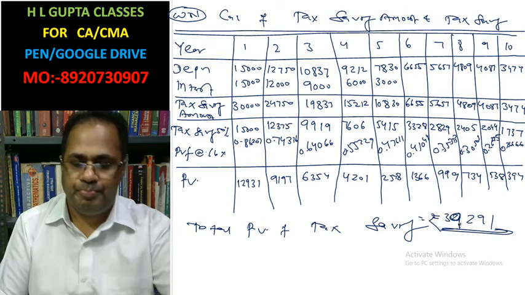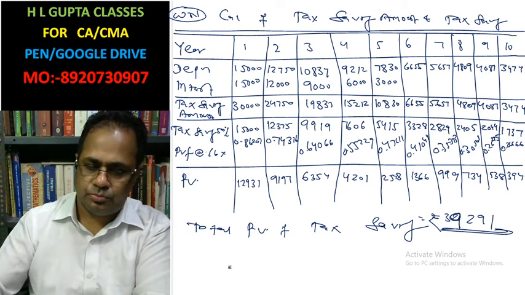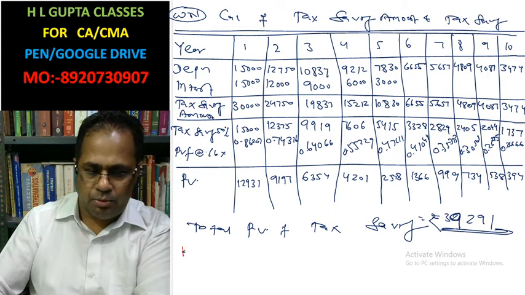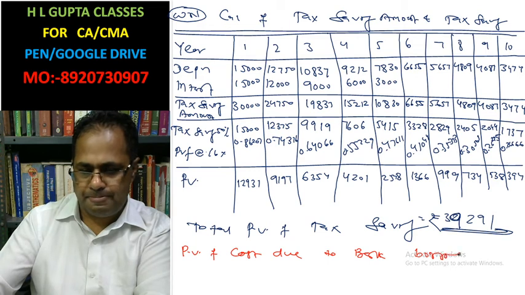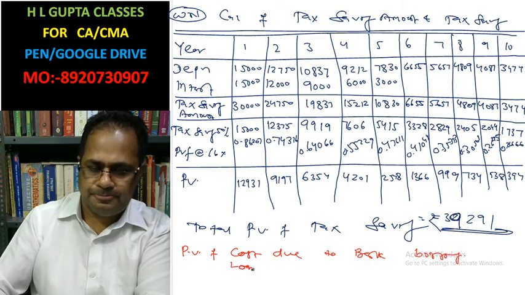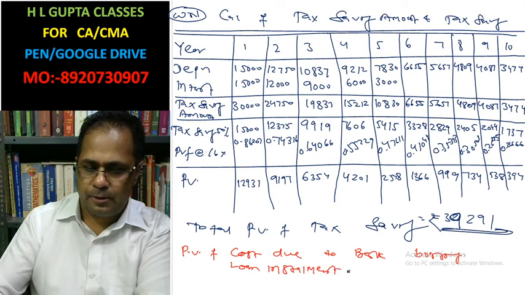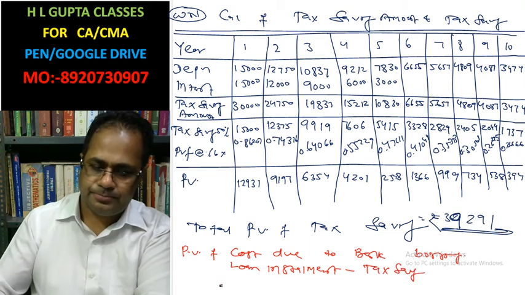Now the question is, what will be the present value of cost due to bank borrowing? We can write here present value of cost due to bank borrowing. Loan installment minus tax saving.